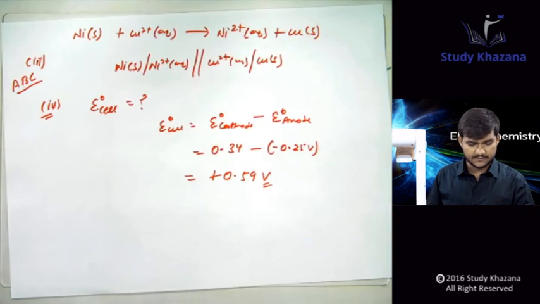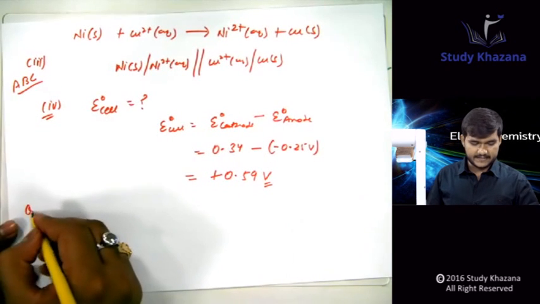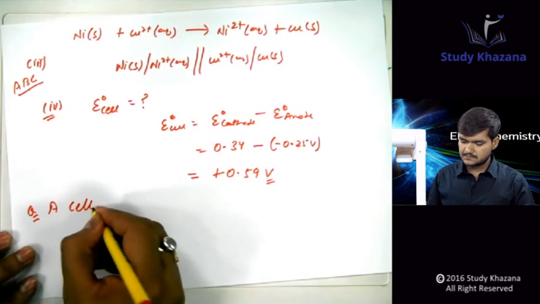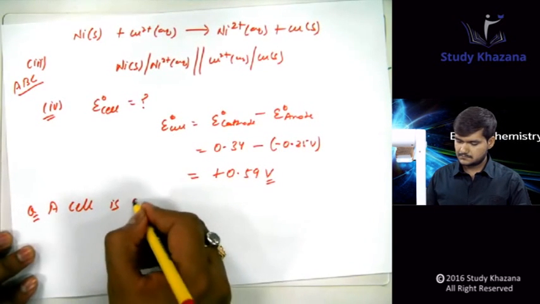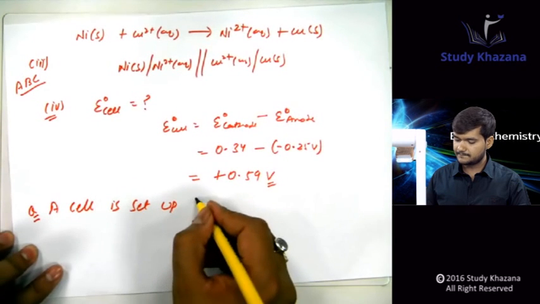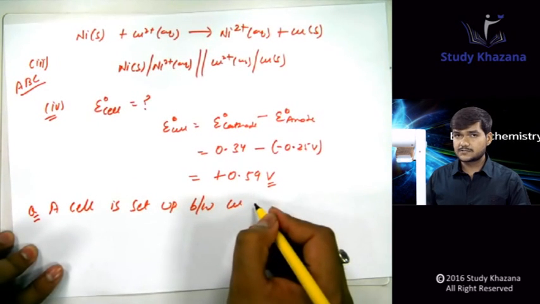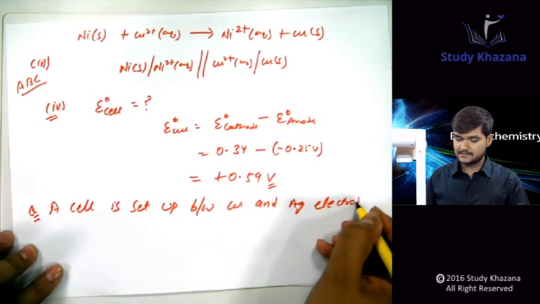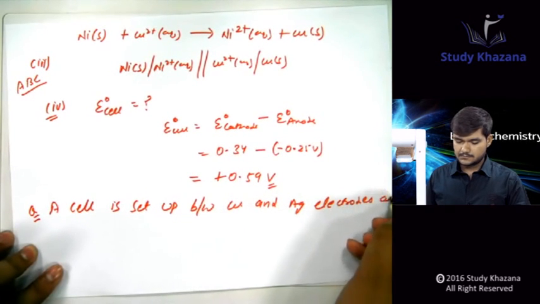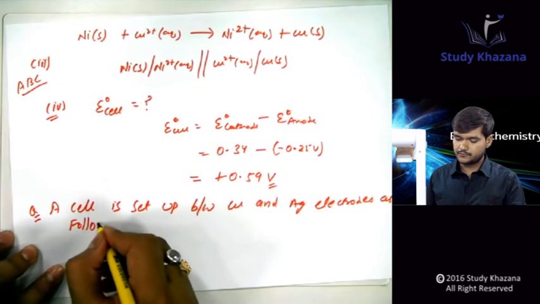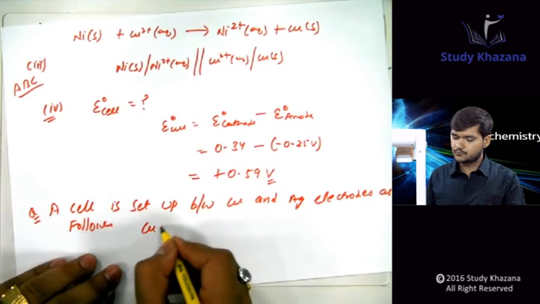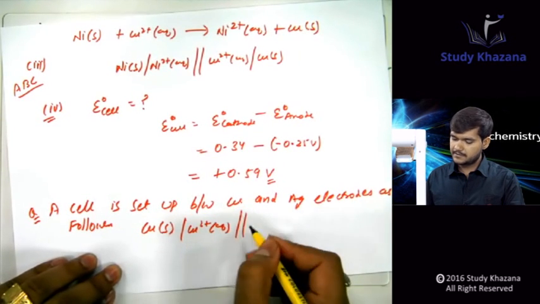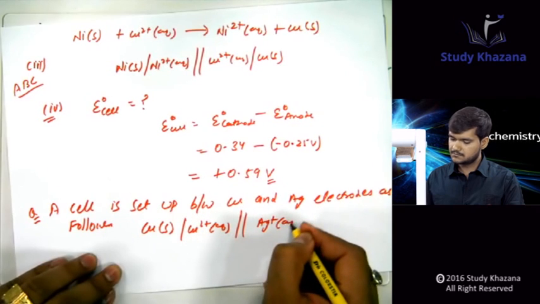Another question I am discussing with you. A cell is set up between copper and silver electrodes as follows. A cell representation is given to you: copper solid, copper 2 plus aqueous, bridge, Ag plus aqueous, Ag solid.